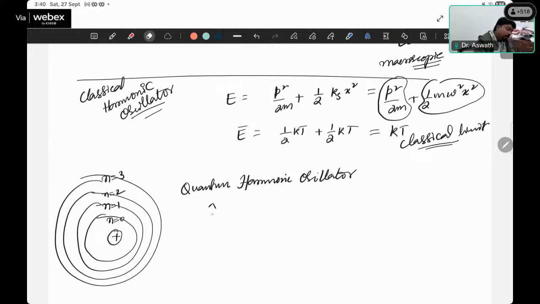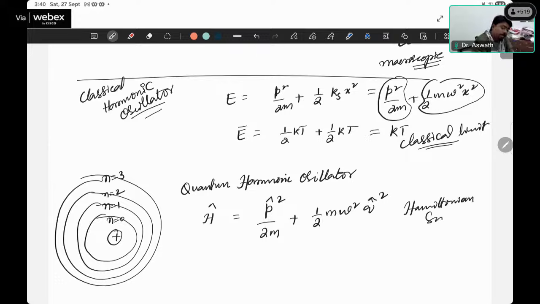Let me write the Hamiltonian: the momentum operator squared plus half m omega squared q operator squared. This is the correct total energy, the Hamiltonian of the system. Here too there is a quadratic term. Probably it is something like kT.